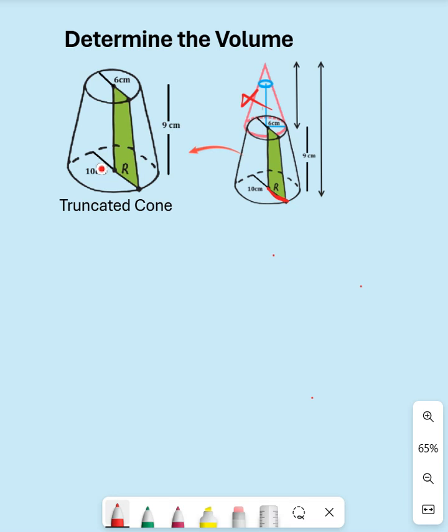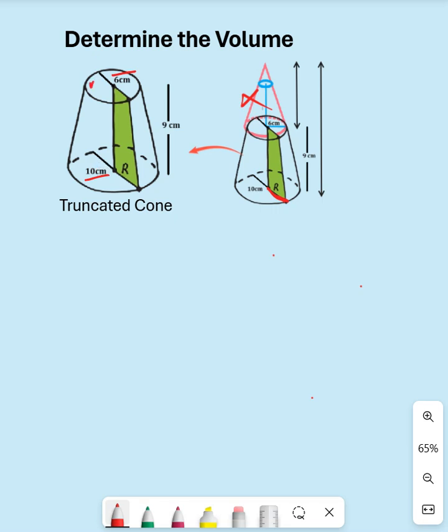To solve this problem, we should have a proper plan. Anyways, let's have a look. What are the values given? First of all, the base diameter is 10 centimeters, and the top portion's diameter is 6 centimeters.